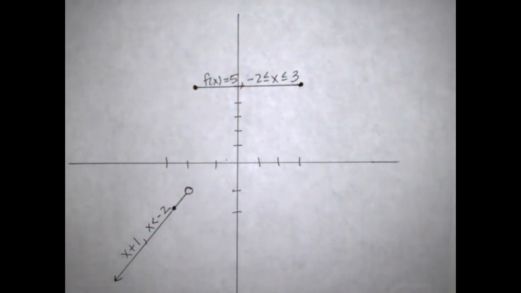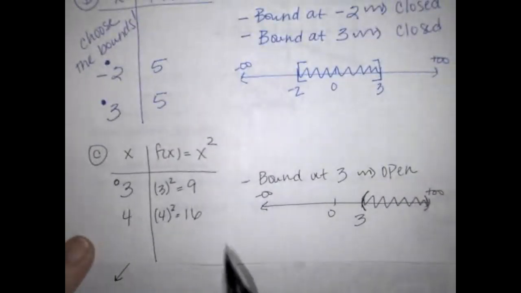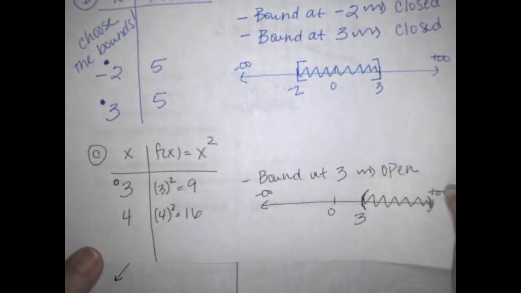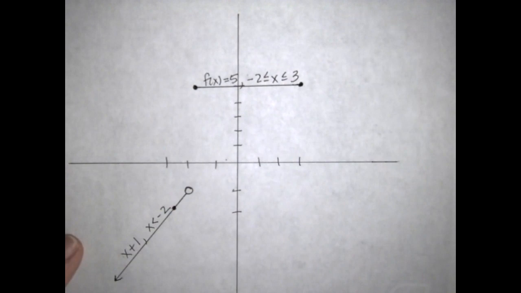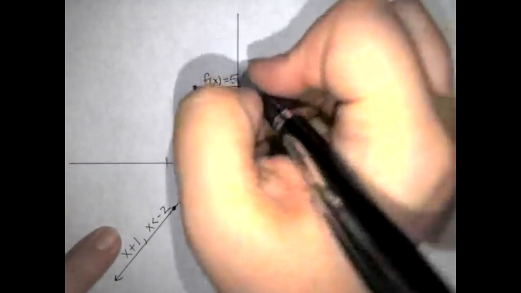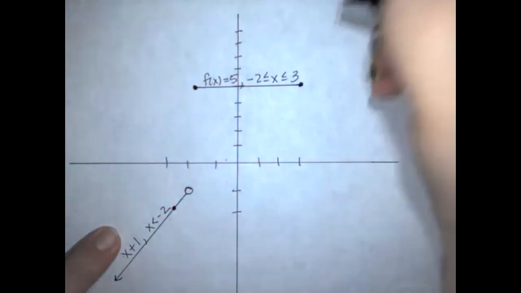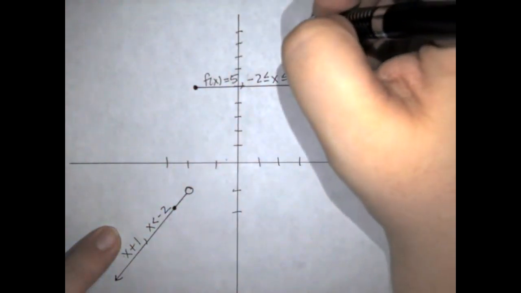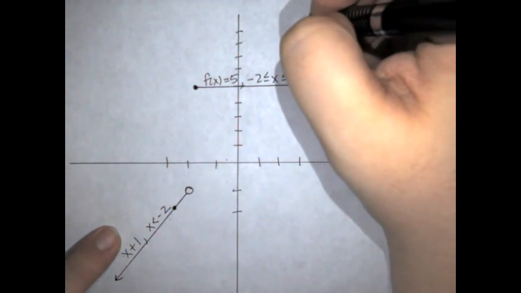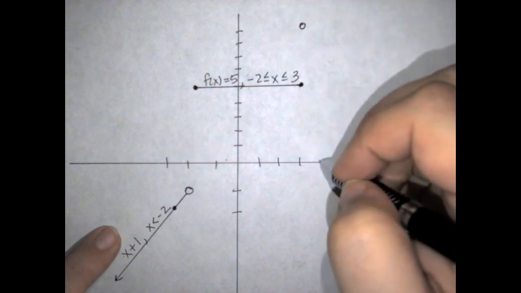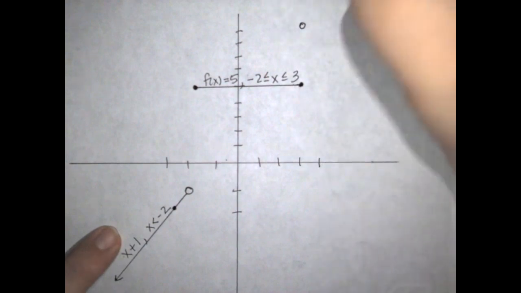The last one we have is this x squared piece. Okay. So here at 3, we're up at 9. So this was 5, 6, 7, 8, 9. So at 3, we're up at 9, and it's an open circle. And of course, over here at 4, we went all the way up to 16.